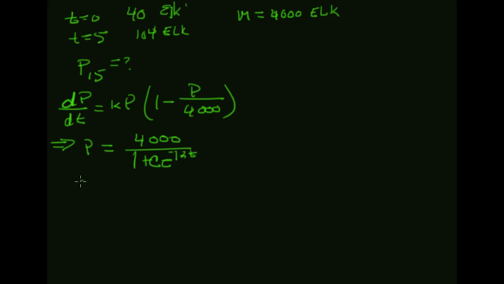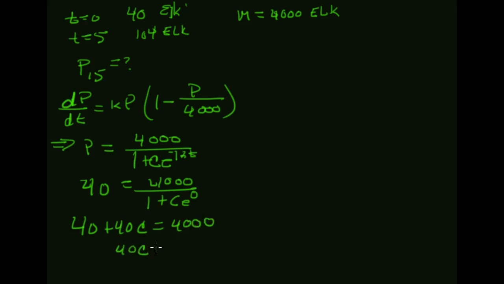At time 0, we have 40 elk, so that means 4,000 over 1 plus c times e to the 0 equals 40, which means 40 plus 40c should equal 4,000, which means 40c is equal to 3,960, which means c is 99. So we got a nice constant there for c.